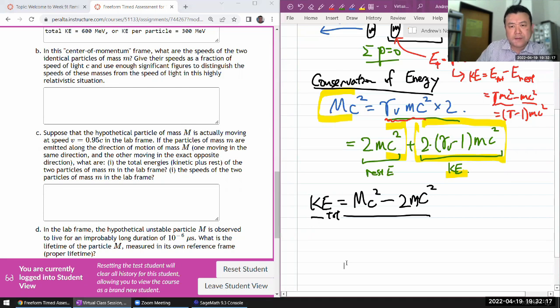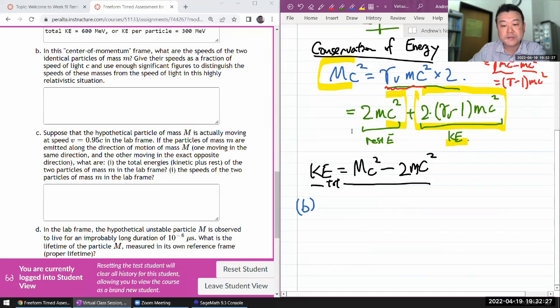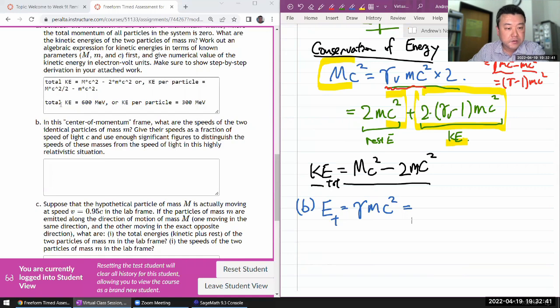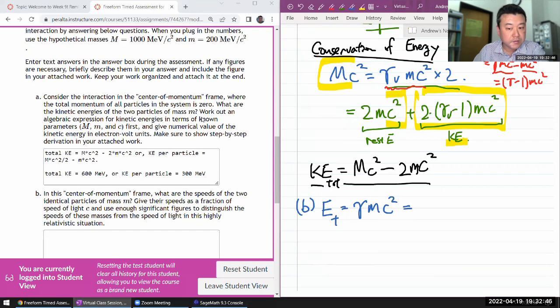This took me a long time to develop this sense of intuition for relativistic dynamics, which parameters are useful, which are less useful. So what we do have is the total energy for one of those small m particles is gamma mc squared. And I have a numerical value for that. So the kinetic energy of a particle is 300. Rest energy is 200, so that total energy is 500 MeV.